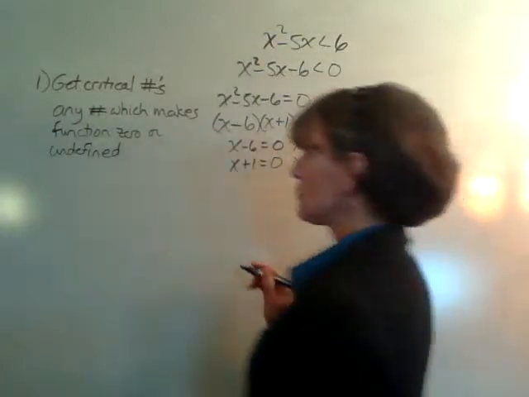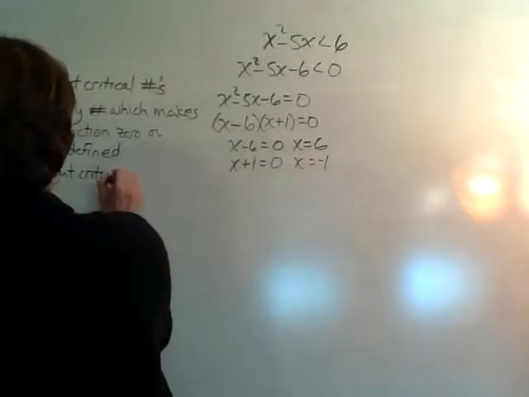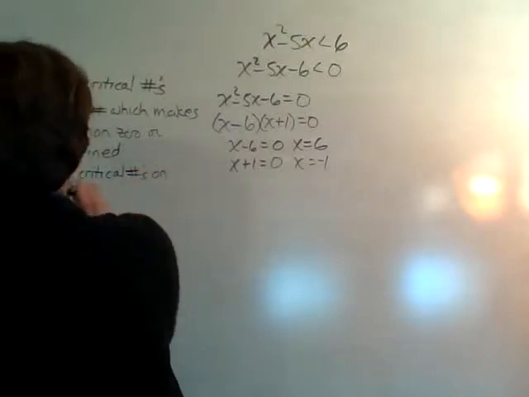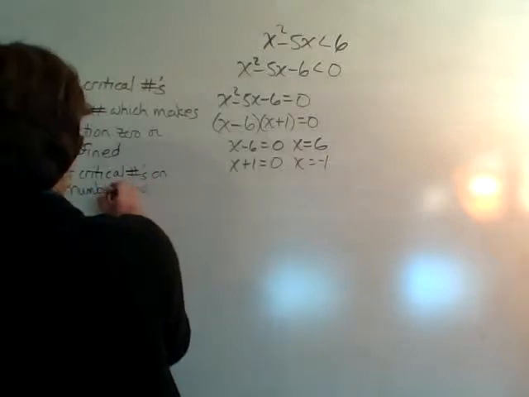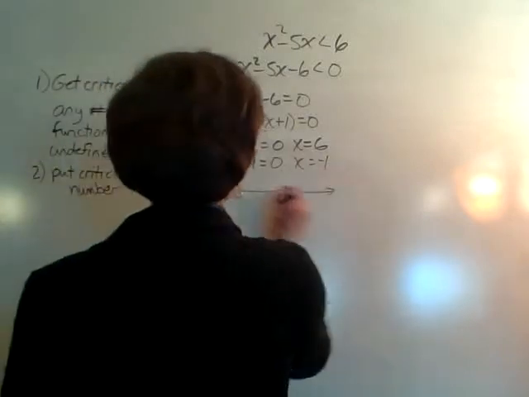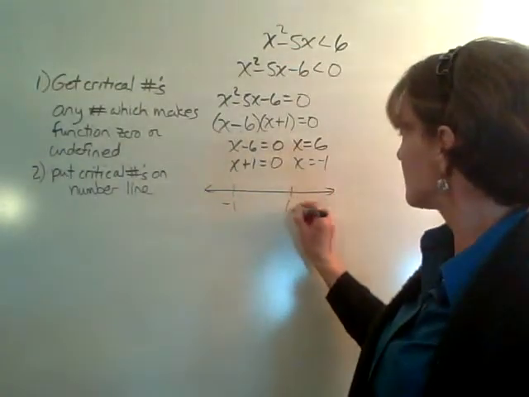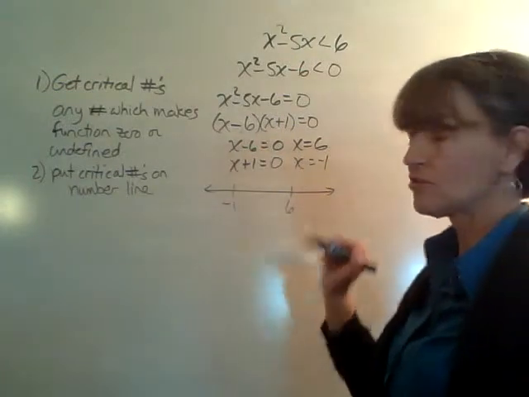Now I'm going to put those on the number line. So here's my number line, and I'm going to put negative 1 and 6 on it. That divides my number line into 3 sections.